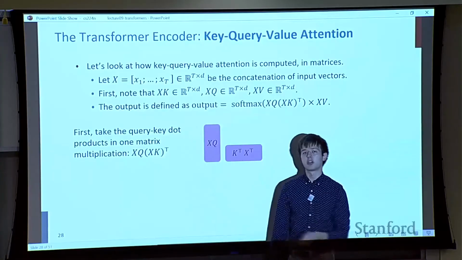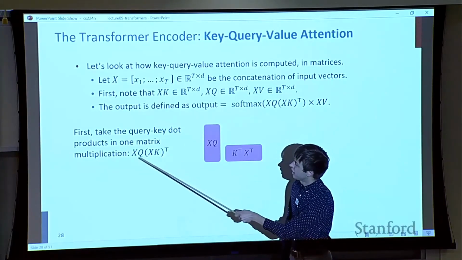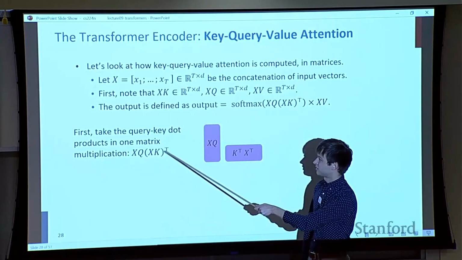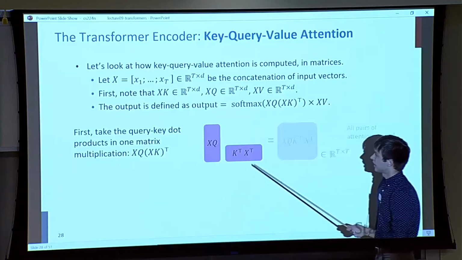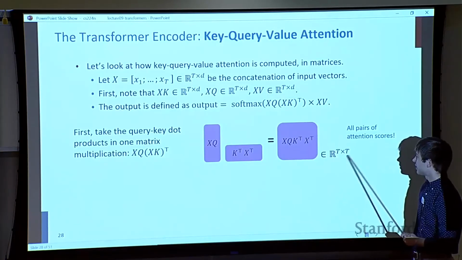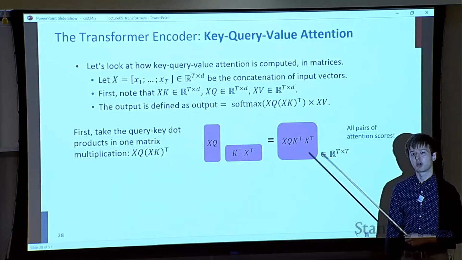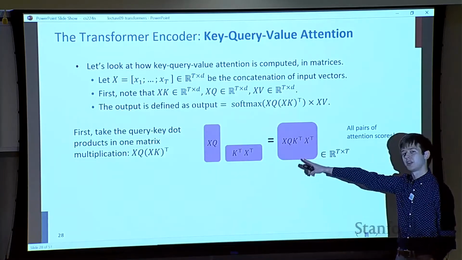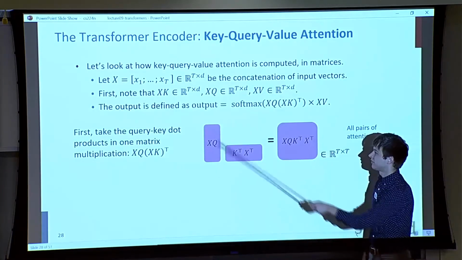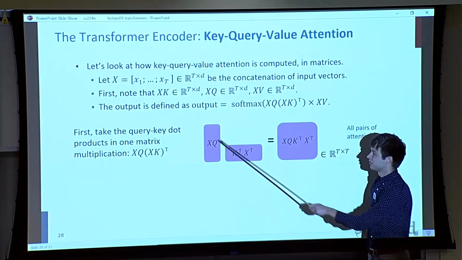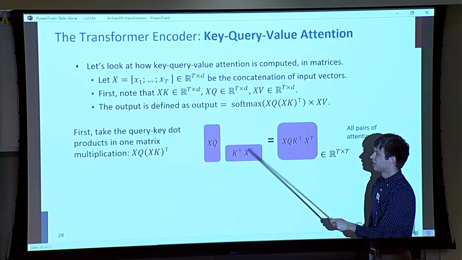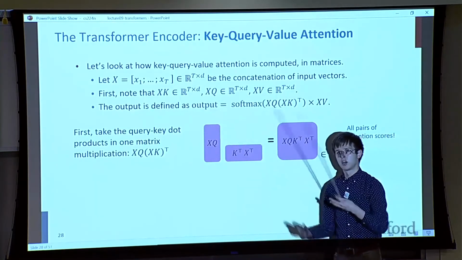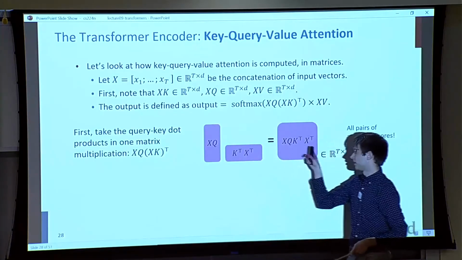You take the key-query dot products. This term here, XQ times XK transpose, gives you all T by T pairs of attention scores. So our e_ij are in this matrix right here. It's T by T, and this is just a big matrix multiplication. So you do the matrix multiplication XQ and then XK, and you get all of the dot products through this.